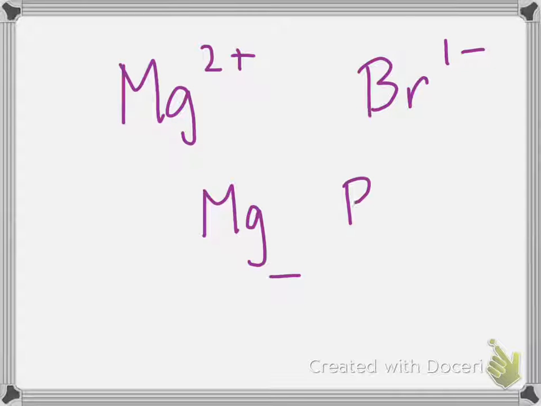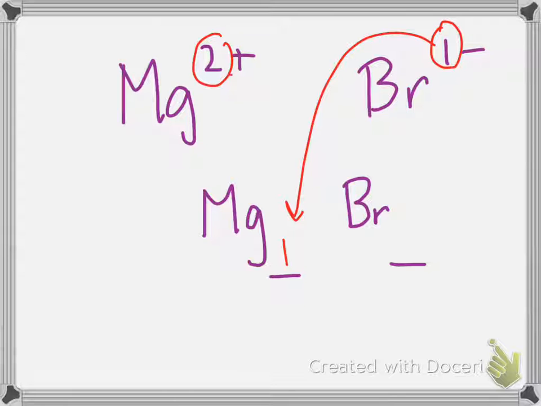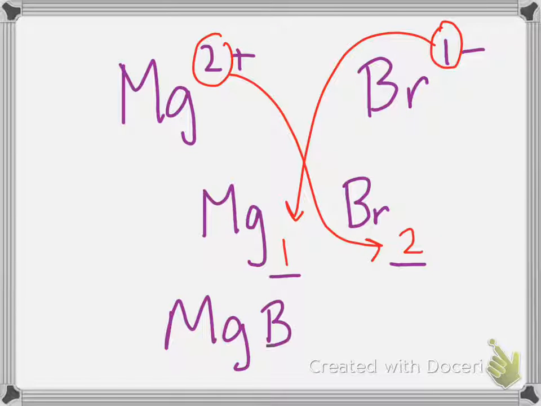We literally just crisscross these, and this number without sign goes there, and this number also without sign goes there. Now, as a general rule, we don't have to write ones, so the formula for magnesium bromide is MgBr2. Because it takes two bromide ions to balance every one magnesium ion.